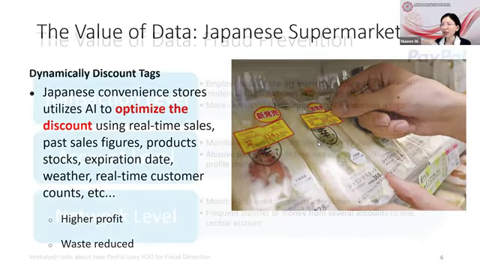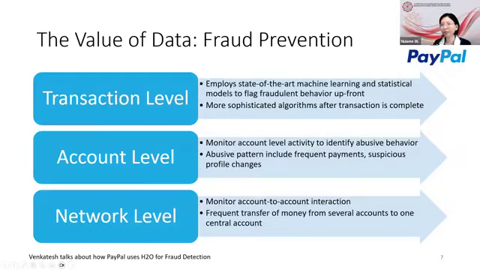Another example is fraud prevention from PayPal. You know PayPal, right? PayPal uses data to prevent fraud at different levels. They analyze data at the transaction level and use predictive machine learning technology to flag which transactions may be fraud.